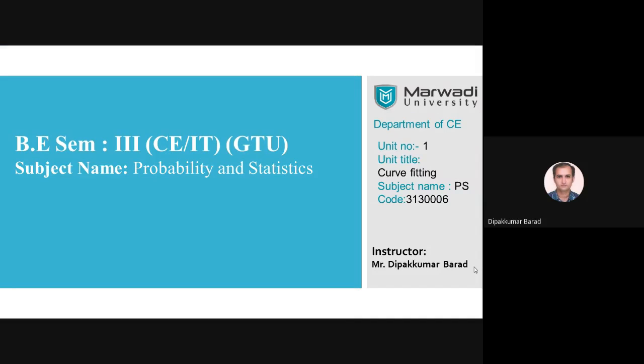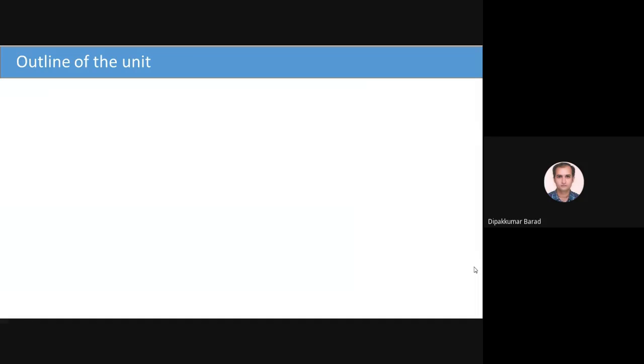We are going to discuss Unit 5, curve fitting. The fourth unit will be discussed after completing Unit 5.